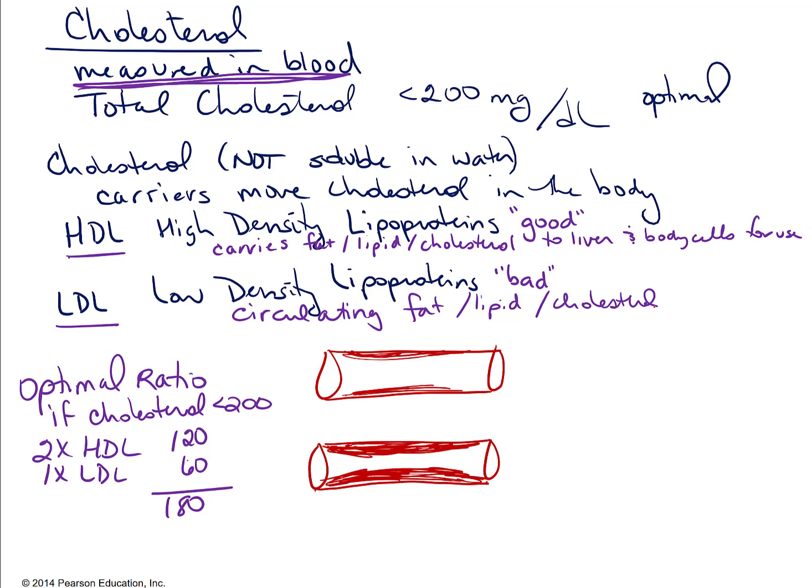So as it moves through the bloodstream, if it drops fat and cholesterol off, it doesn't dissolve in water, so it sticks to the blood vessel wall. And that begins to develop what they call plaque.